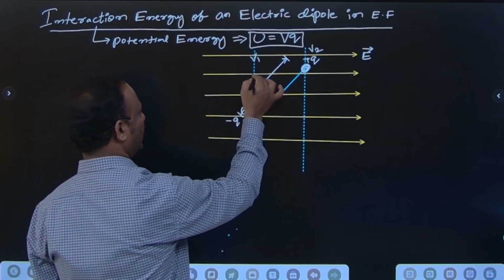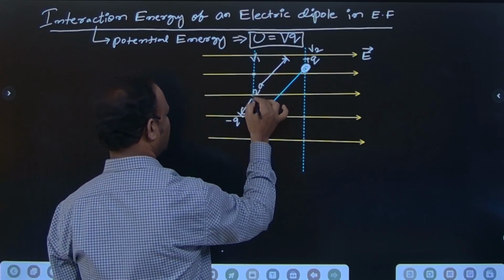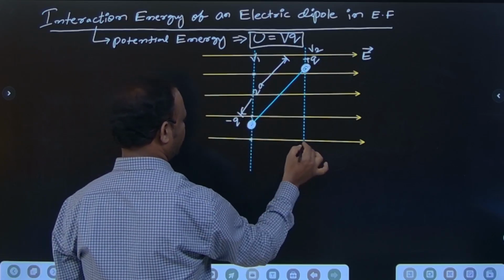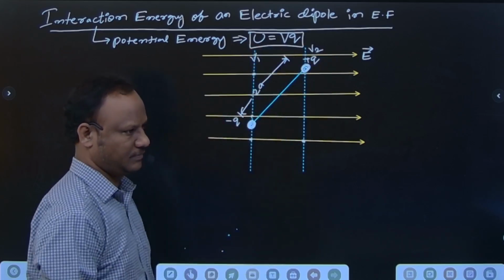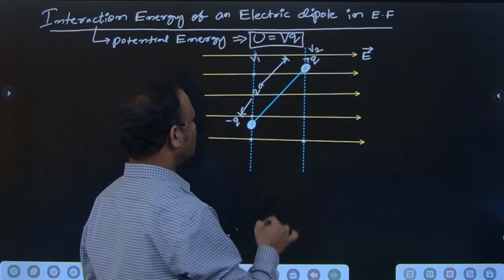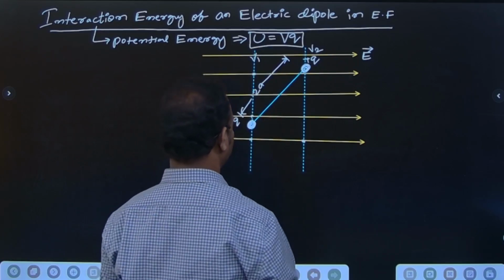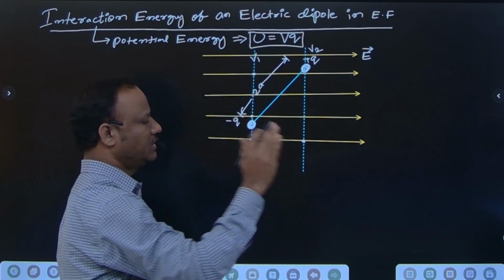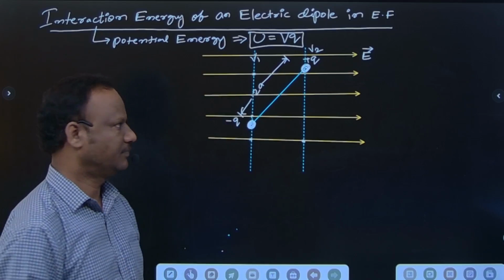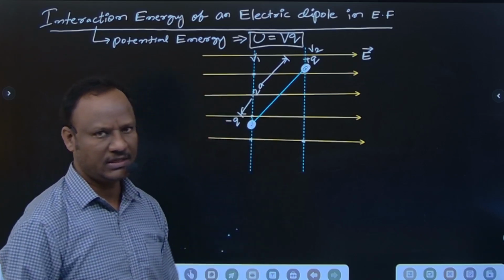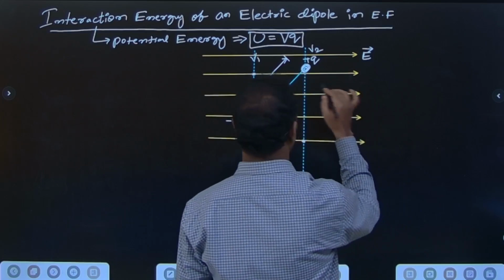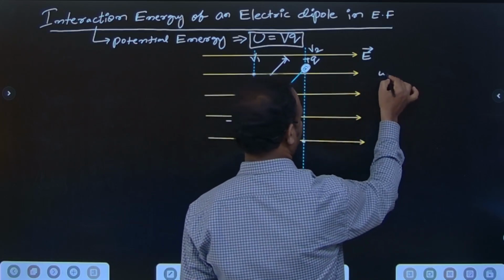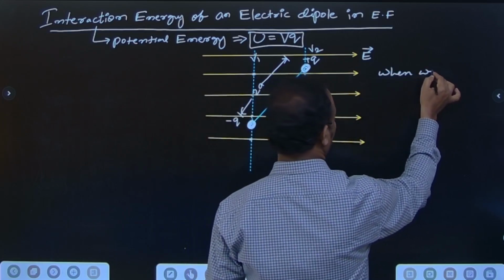At every point on this line the potential is the same: V2 everywhere, and V1 everywhere, on equipotential surfaces. When we move in the direction of the electric field, potential gradually decreases.